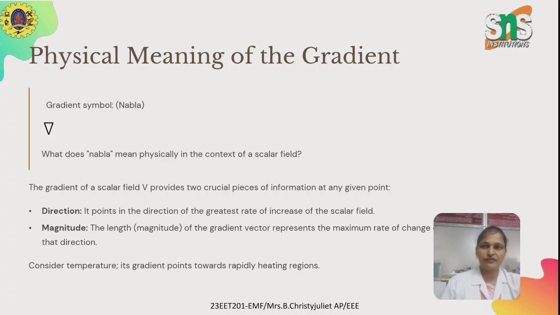For example, if T is the temperature scalar, then the gradient of the temperature will be del T. The gradient of a scalar field, for example, let V be the scalar field, provides two crucial pieces of information at any point: the direction, which shows the greatest rate of increase of the scalar field, and the magnitude, which gives the maximum rate of change. In which direction the rate of change occurs will be observed through this gradient.